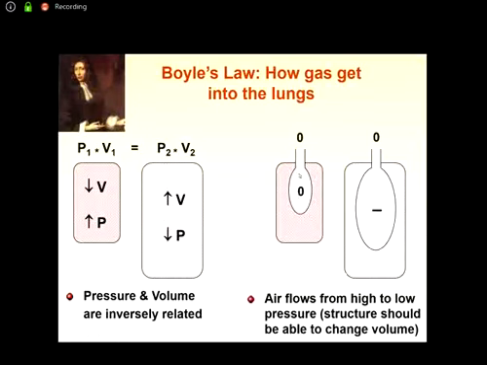Therefore, there is no movement of air. During the beginning of inspiration, the volume of the chest increases, so the pressure inside decreases, so the alveolar pressure becomes lower than the atmospheric pressure, and air will move into the lungs.